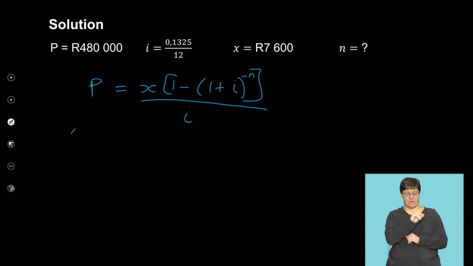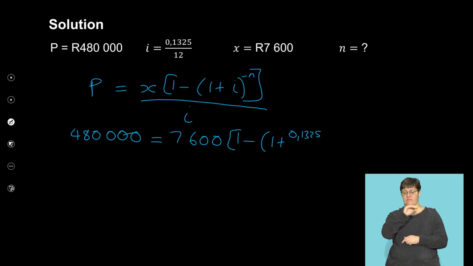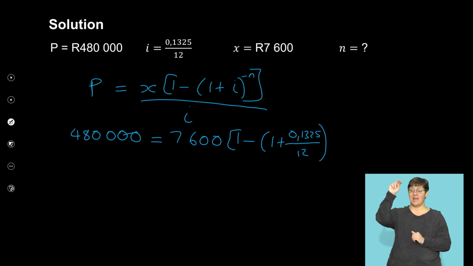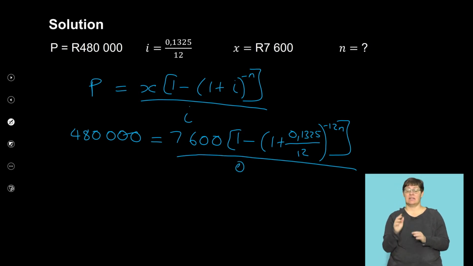Then the P value will be 480,000, which is equal to 7,600 into 1 minus (1 plus 0.1325 divided by 12), all raised to the exponent of negative 12n, because I don't know what n is, and this is divided by 0.1325 over 12.